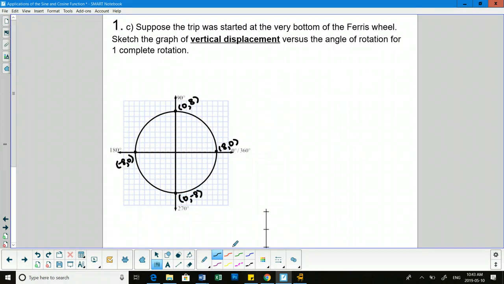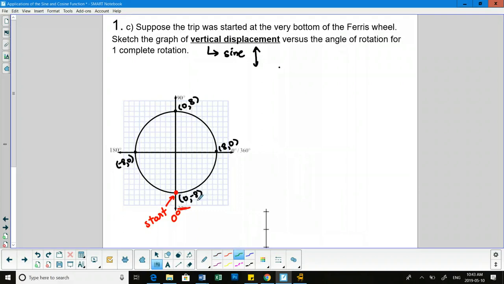Okay, and our start is actually the same as our last question. It says we start at the bottom, which means that this is our 0 degree right here. And we are tracking vertical displacement. So when I think about the function for this, I want to think a sine function. And sine tracks the up and down.